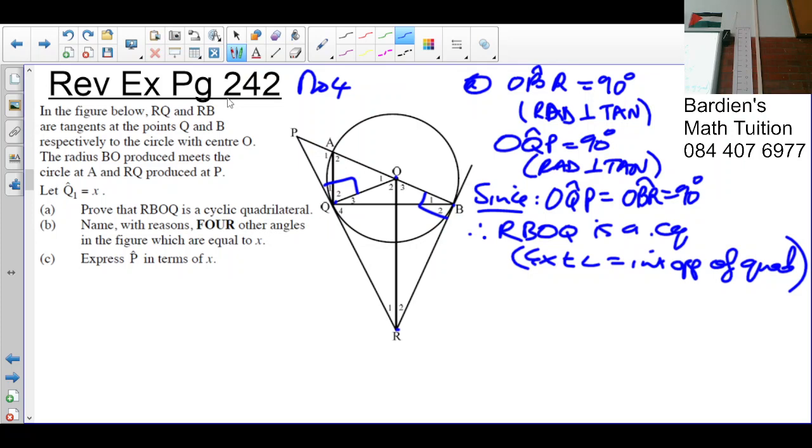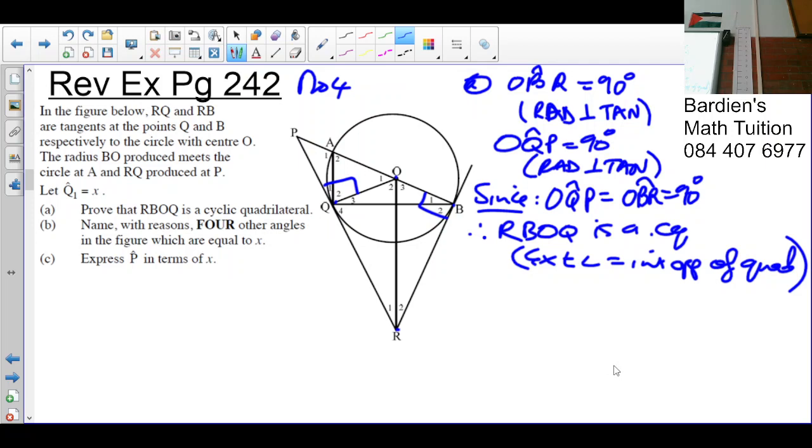So now, since that's a cyclic quad, all cyclic properties are evident there, which means to say that Q3 will be equal to R2. R1 is equal to B1. And O3 is equal to Q4 and so on and so on. Why? Because that is now a cyclic quad. You guys understand?